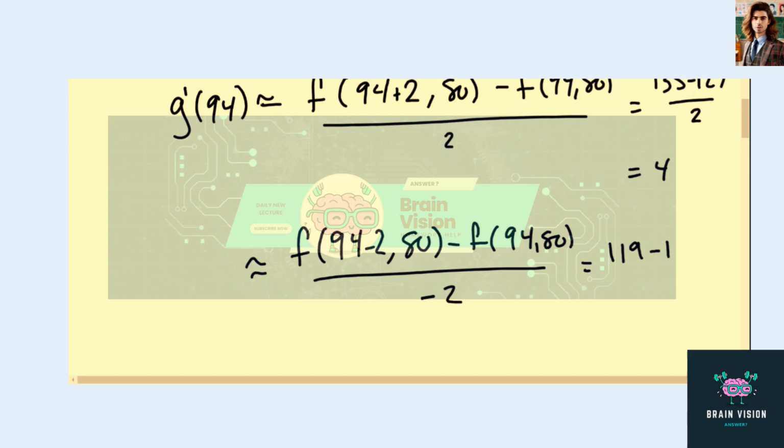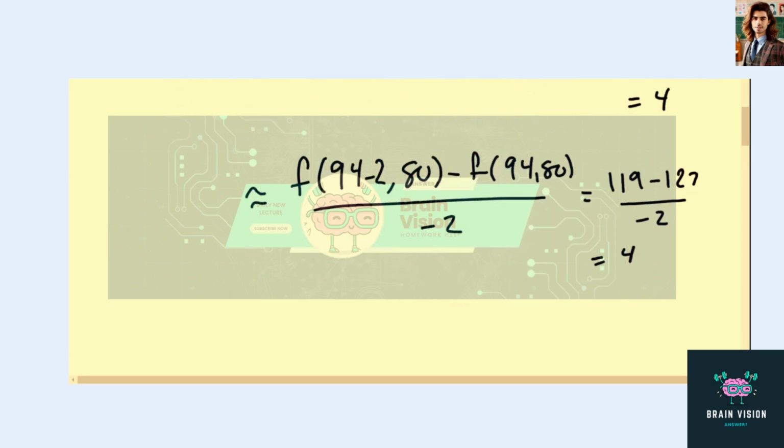So 119 minus 127 over negative 2 is equal to 4. Okay, so then we want the average, so the partial derivative with respect to t at 94 and 80 is going to be equal to 4 plus 4 over 2, which is equal to 4 again.